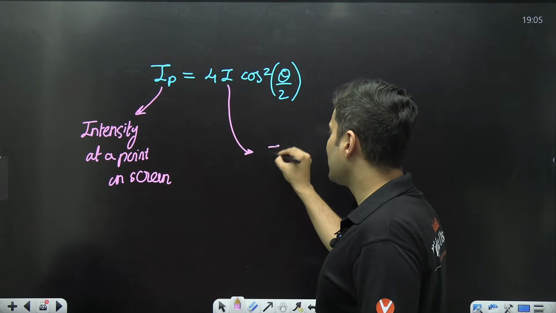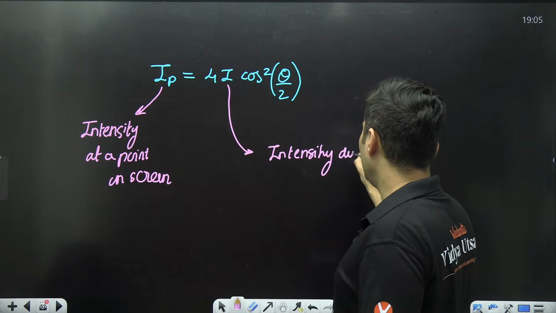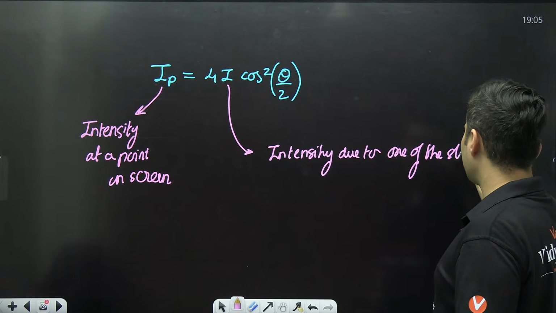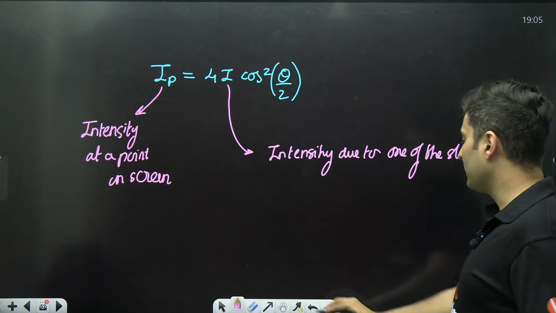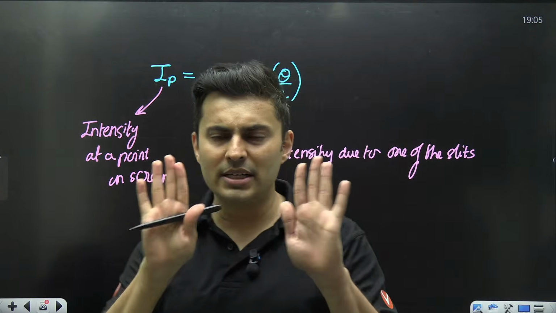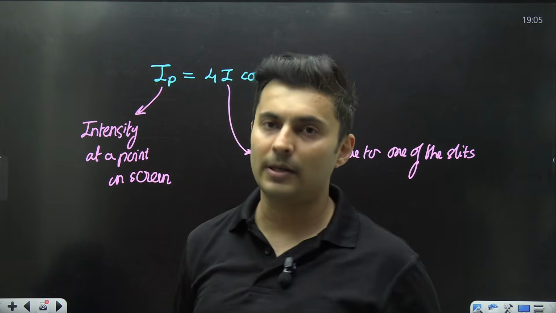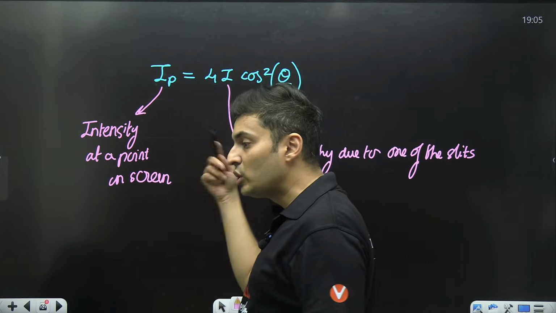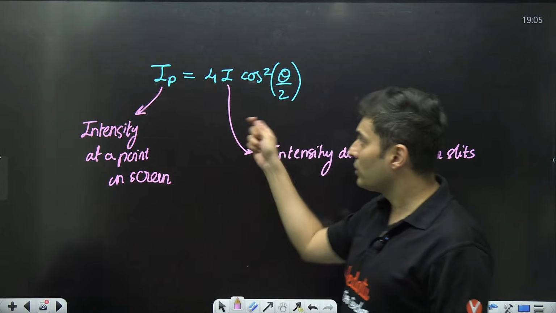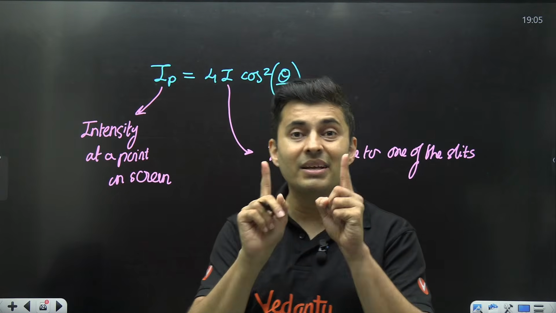This I is the intensity due to one of the slits, either this slit or that slit. So if you have two slits and you cover one slit, how much intensity is coming only because of one slit, that is I. Got it? So this formula, you can use it for finding the intensity at any point on the screen. Yes, this can also give me maximum and minimum intensities, but provided both the slits have the same intensity.